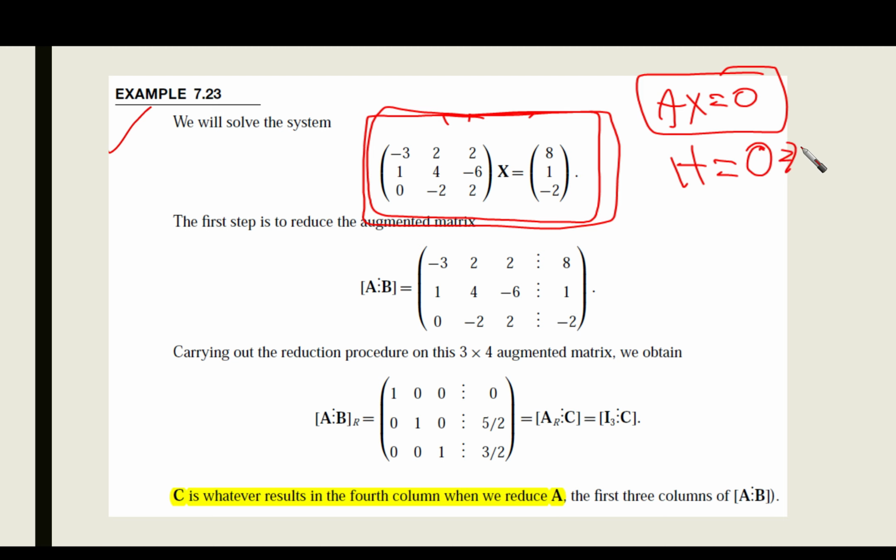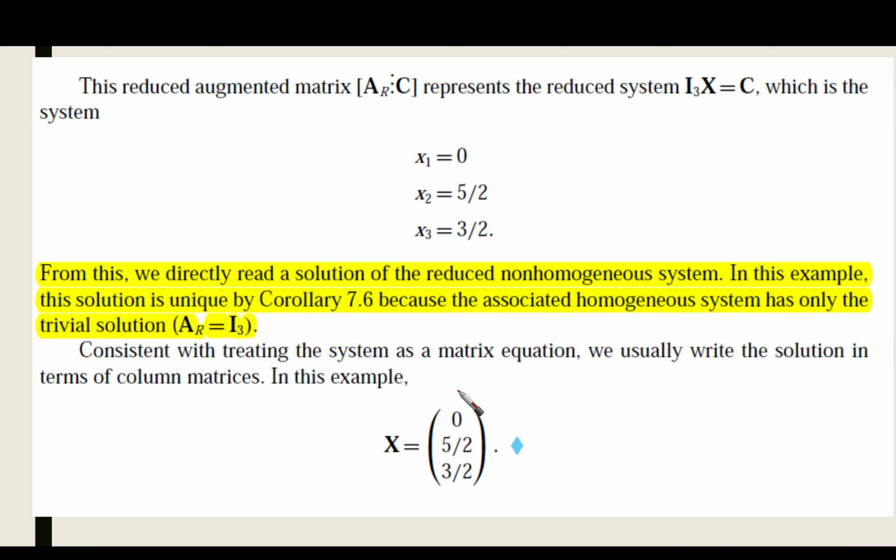So this means that we are going to have a unique solution. Unique solution means that the non-homogeneous system will not work unless it equals this very unique solution. Other values are not allowed.